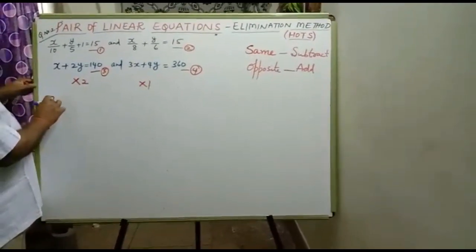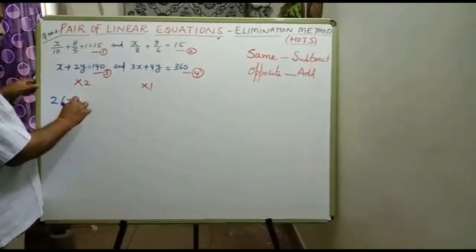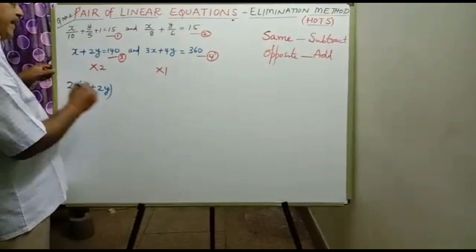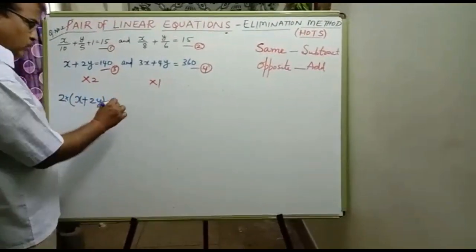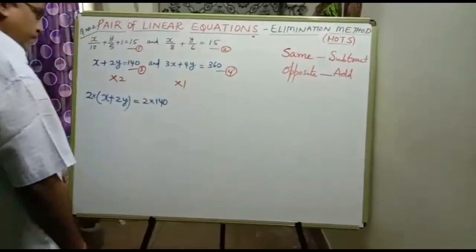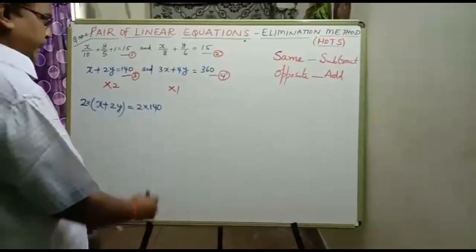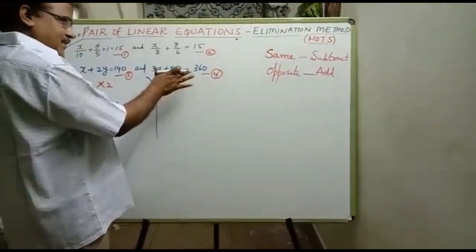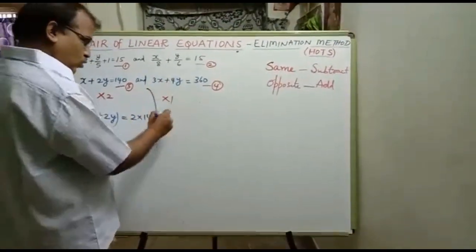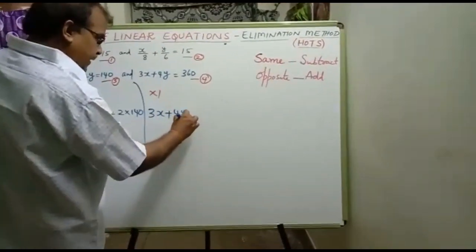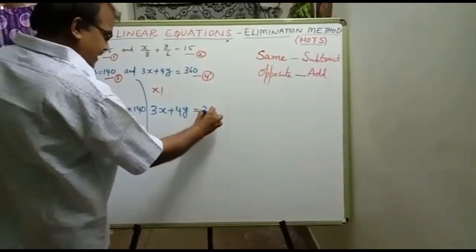So 2 into x plus 2y is equal to 2 into 140. Coming to the other equation, when you multiply it by 1, you can write directly 3x plus 4y is equal to 360.